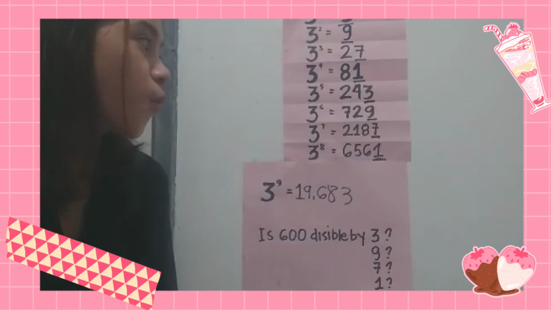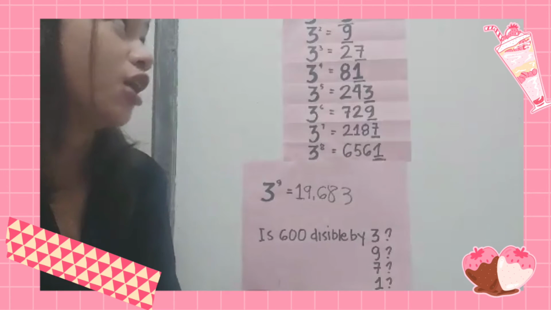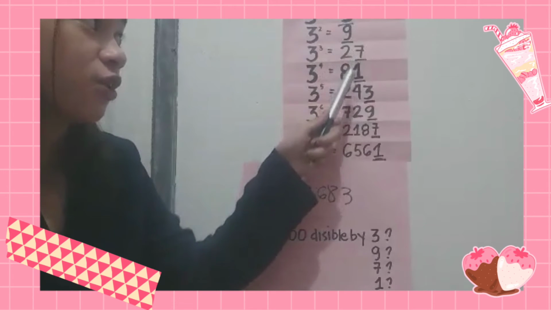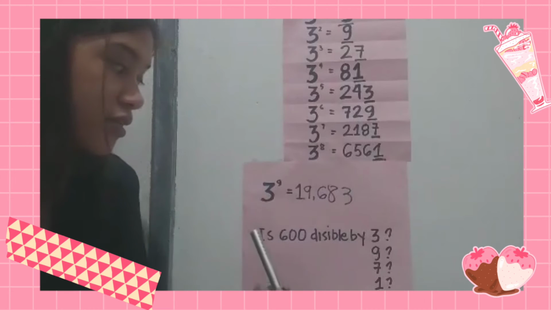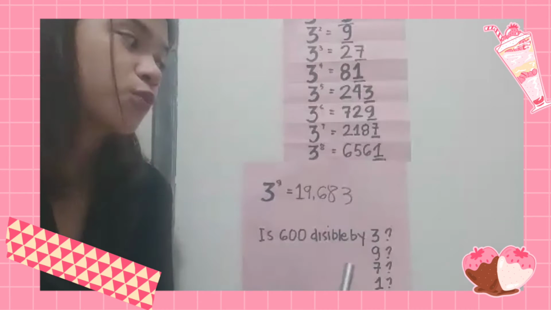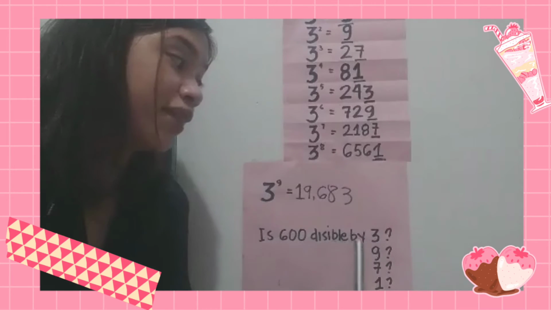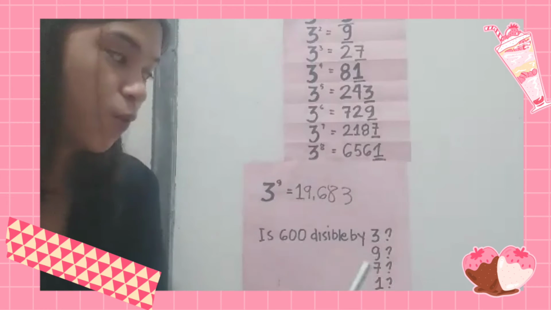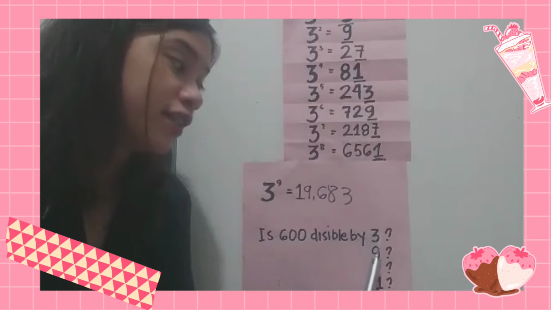Okay, so let's take a look at the patterns that we gathered. 3, 9, 7, 1. Is 600 divisible by 3? The answer would be yes. Is 600 divisible by 9? The answer would be no. Is 600 divisible by 7?